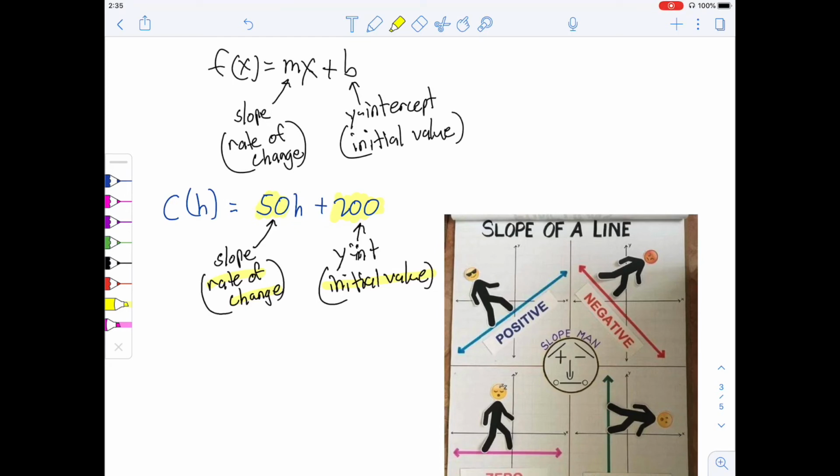So it'll cost $200 initial value, and then you're adding $50 per hour. So that's how you relate y equals mx plus b and any other linear function. Right, so $200 initial cost. This one will be $50 per hour.